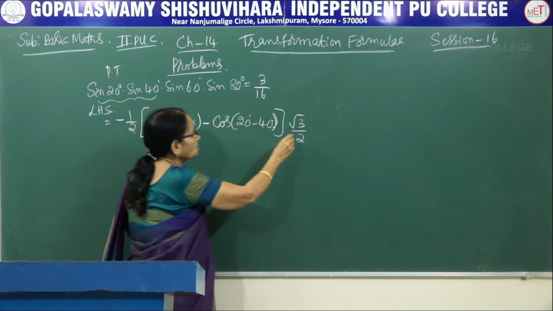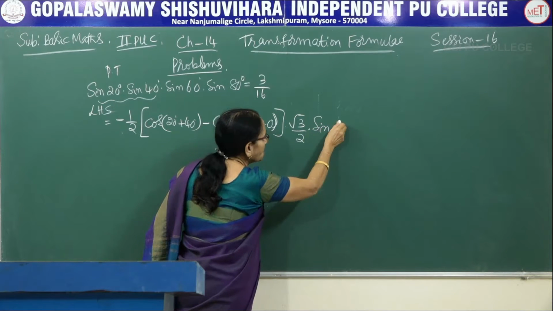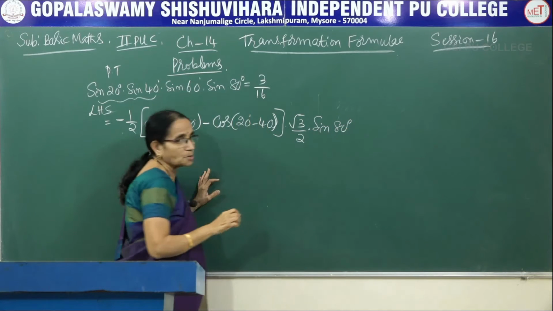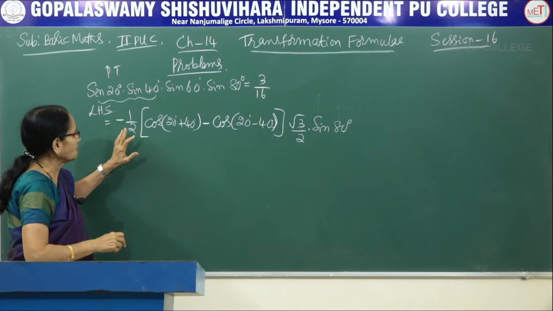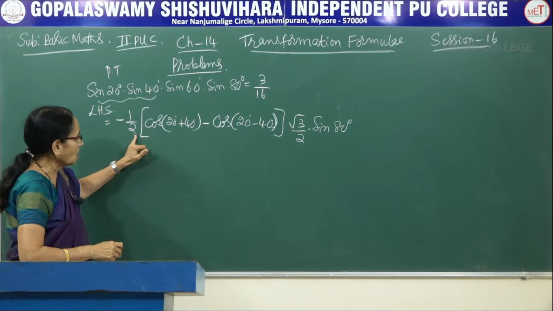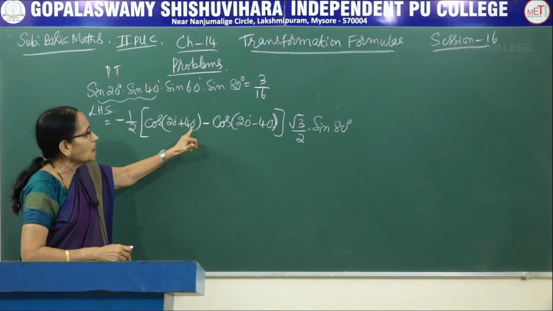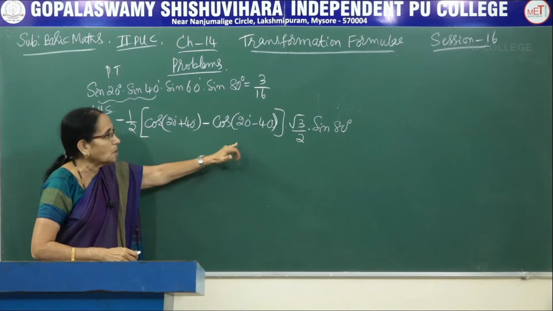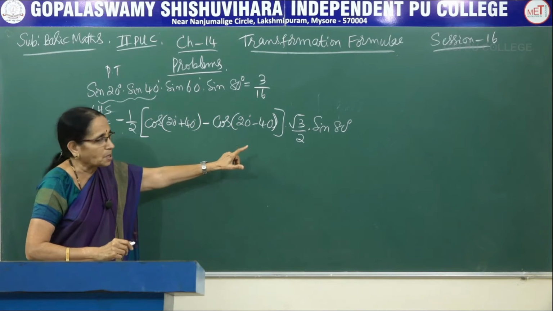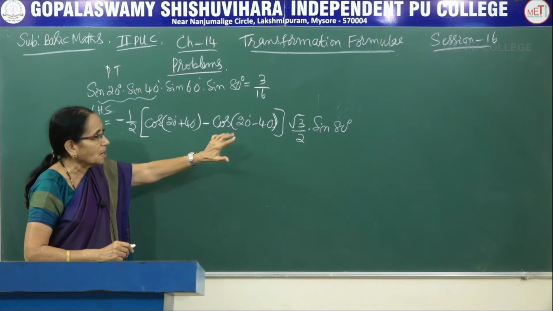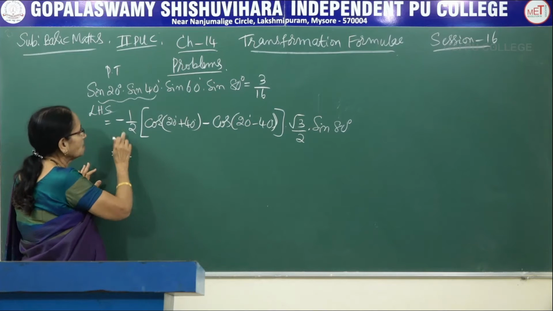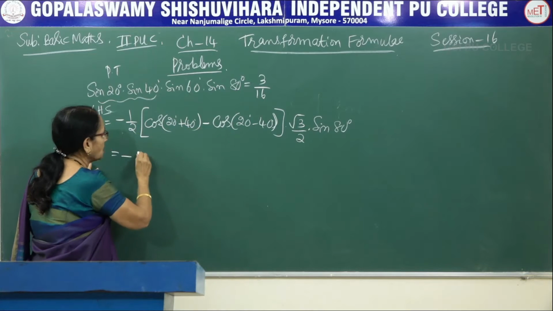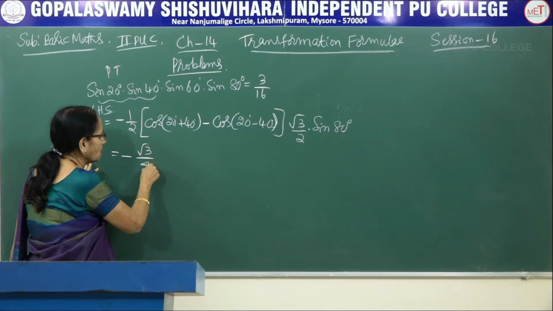Sin 60 is root 3 by 2 and sin 80 you write as it is. So for the first 2 terms I have used the formula sin A into sin B equals minus half of cos of A plus B minus cos of A minus B. Sin 60 being root 3 by 2 I have written, and sin 80 I have written as it is. Now minus 1 by 2 into root 3 by 2. First let me multiply that one.